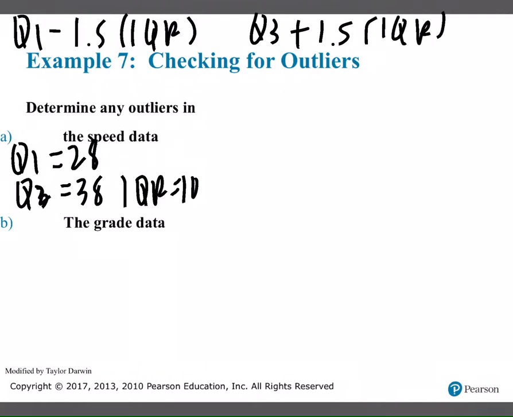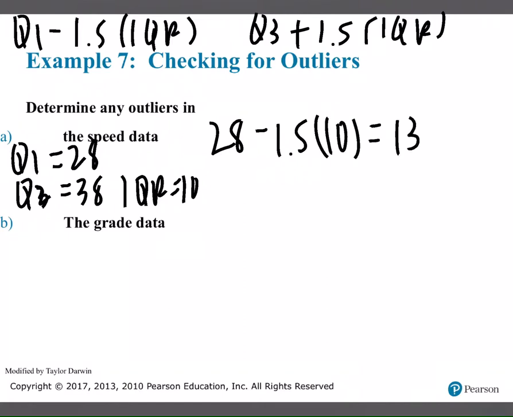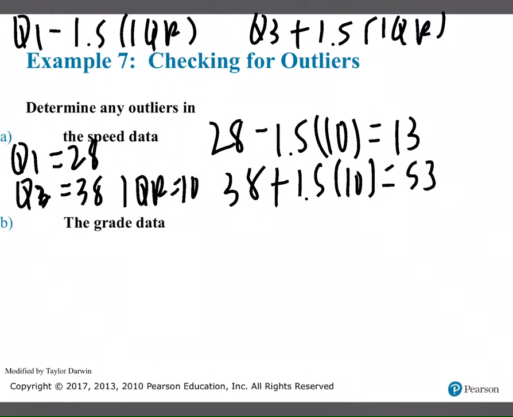Okay, so for speed data, it's 28 minus 1.5 times IQR, which is 10. I get 13. And then 38 plus 1.5 times 10, I got 53. So you're looking to see if any values lie outside of these numbers, 13 and 53.